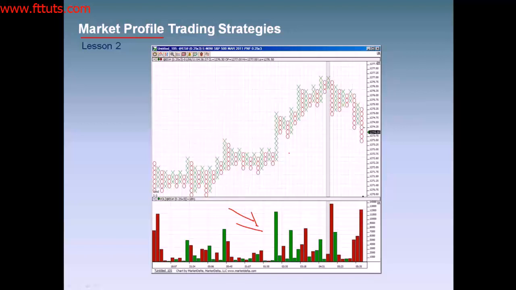So I don't want you to discount any of these tools. I want you to be aware that they're out there, but more importantly, I am going to show you how the profile is different from some of these tools and how it adds to them and gives us an additional perspective, or more information, that we cannot extract from these types of charts.